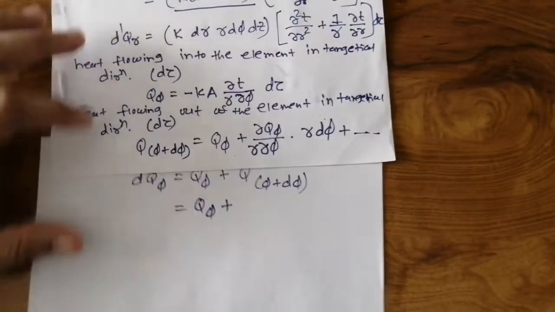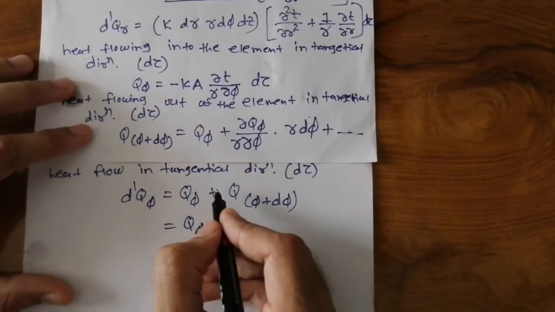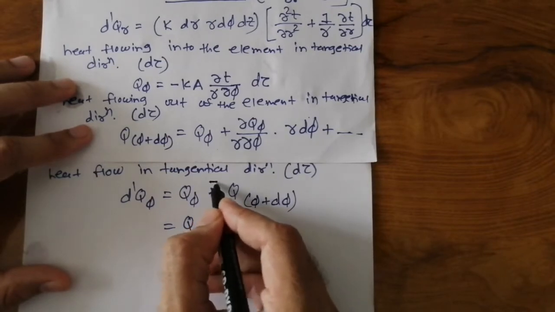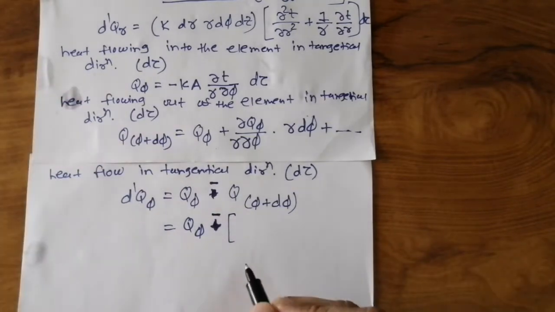Inside the bracket we consider the energy balance, so here we consider energy in minus energy out.